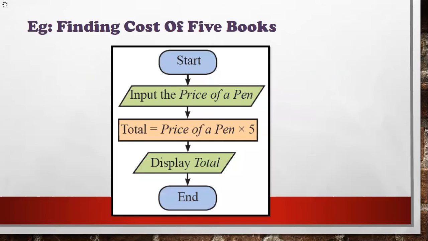It is called a sequence. This is the example: finding the cost of 5 books. There should be a start and end. Then you have to input the price of a pen and the process is total equals price of a pen into 5. Then display total as output and end.